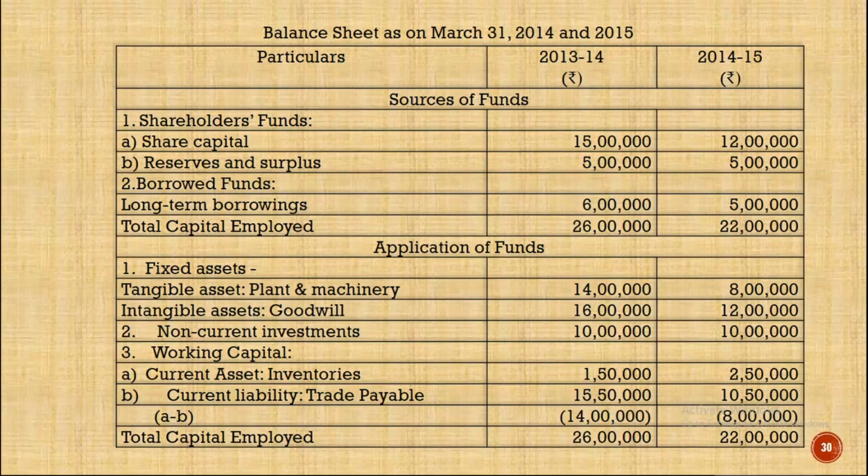So by looking at these figures, we come to know that there is a decrease in the total capital employed amount of this particular company. Now it is expected that we prepare a common size statement. Let us see how to present this data in a common size statement, how to calculate the percentage change.